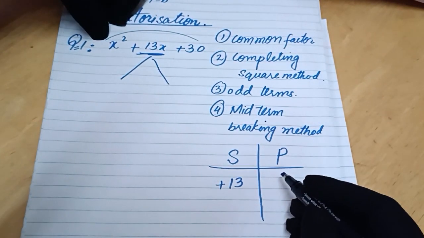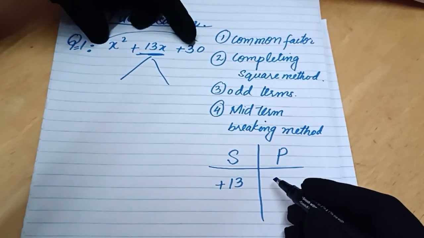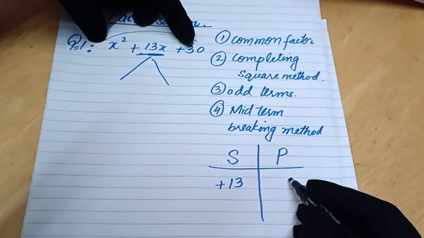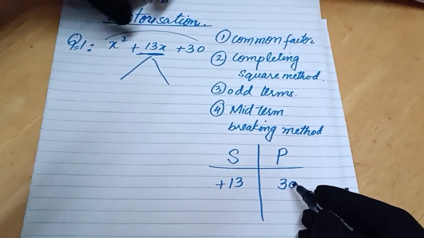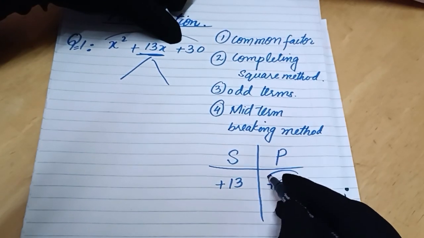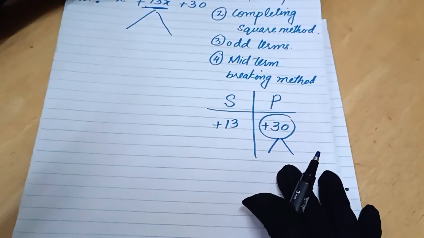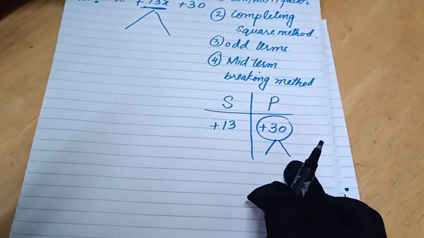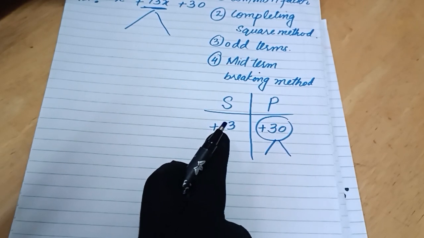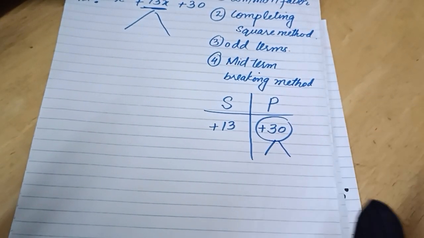The product of the first and last terms, meaning the coefficient of x square and the constant term, makes the product term: 1 times 30 equals 30, and positive times positive gives positive. Now the product term will be factorized into 2 numbers whose sum is equal to this sum and whose product is equal to this product. We have to take care of the signs also.